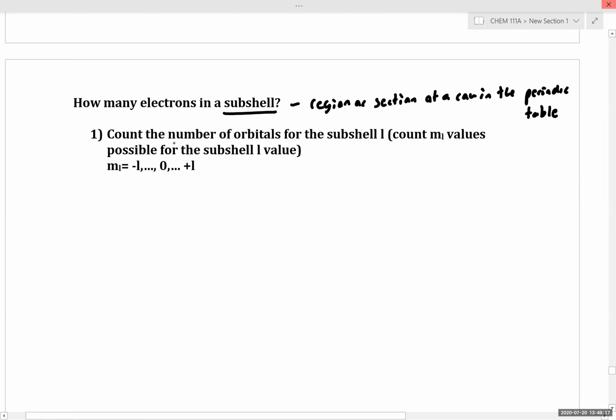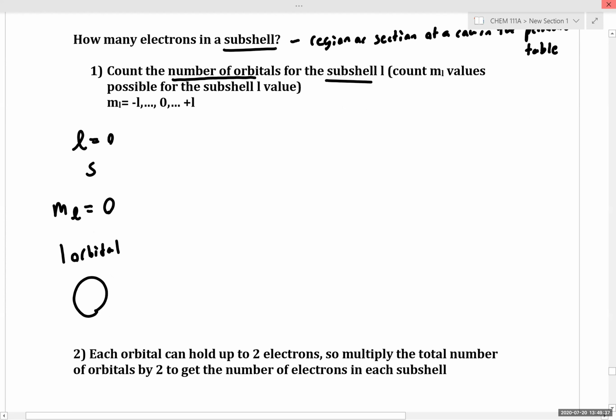So first, we're going to count the number of orbitals for the subshell l. So let's look at l equals 0, for example, which is our s orbital. We have ml values equal to 0. So we have 1 orbital. And that's our first step. For l equals 1, which is our p orbital, we have ml values equal to +1, 0, -1. So we have a total of 3 orbitals.